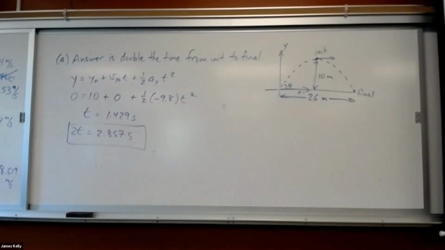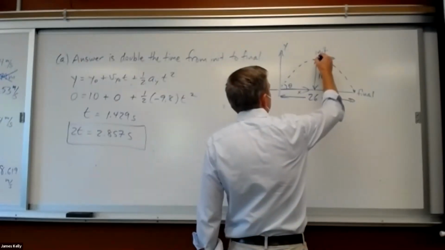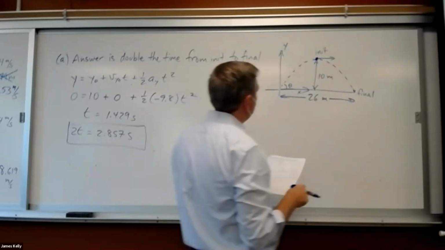At what angle above the horizontal is the ball initially kicked? Okay, so in this case, because the final, at least I already know a lot about what's going on up here at the highest point.